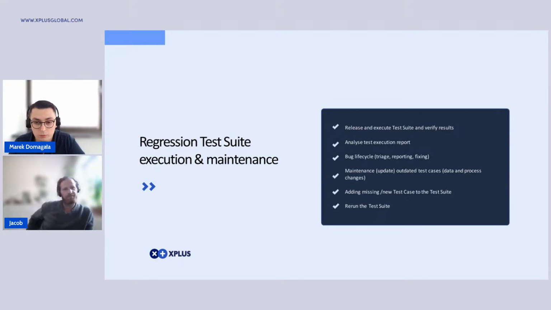So firstly, we need to make sure that a bug is a bug, if we see some kind of defect, or at least a potential defect.